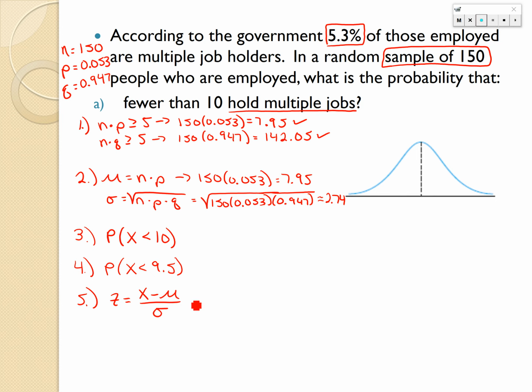Now the x value that we're talking about, we have to use the x value with the correction factor applied. So my data value is 9.5. The mean we came up with was 7.95. The standard deviation we came up with was 2.74. So we end up with a z-value roughly of 0.57.